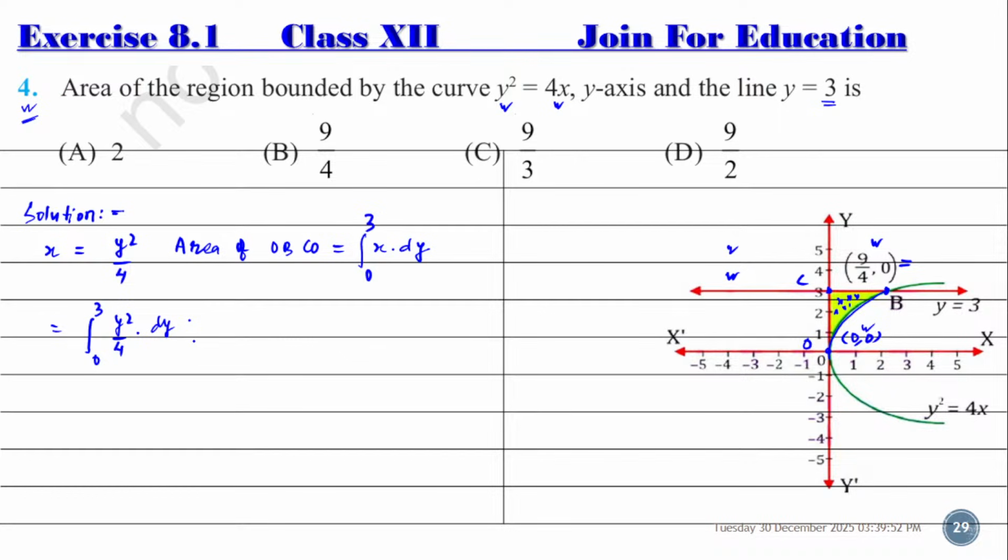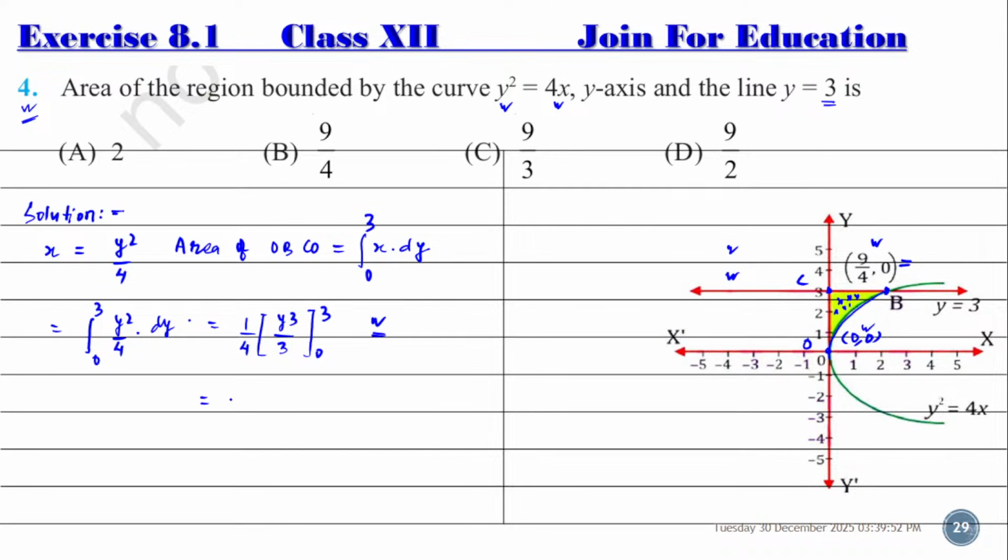will be 1 by 4, y cube by 3, from 0 to 3. I hope there is no problem understanding up to this step.